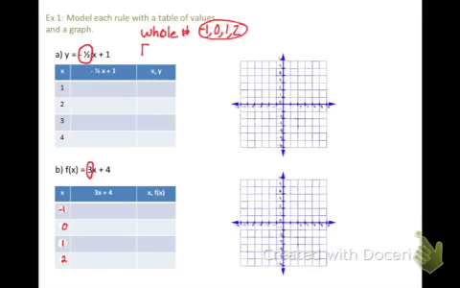If it's a fraction, you're going to use the negative of the denominator, 0, the positive of the denominator, and the next multiple of the denominator.